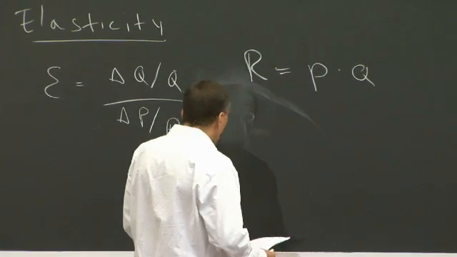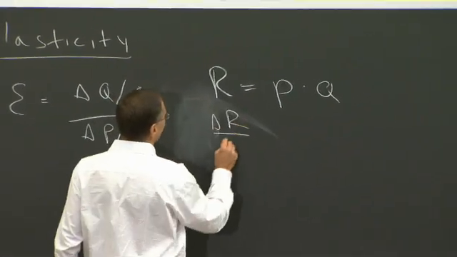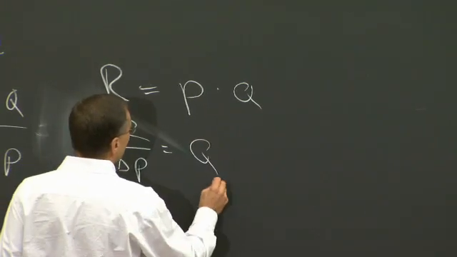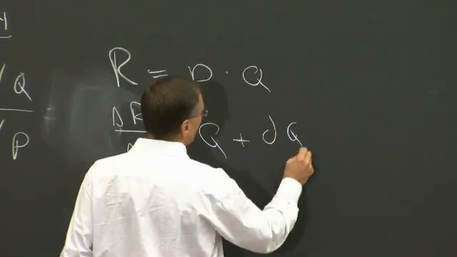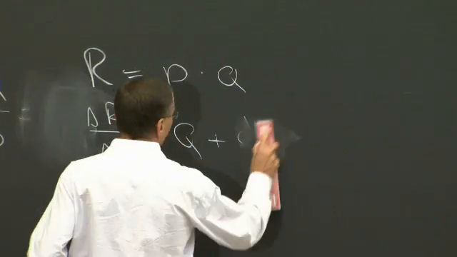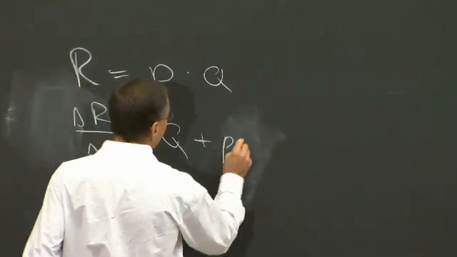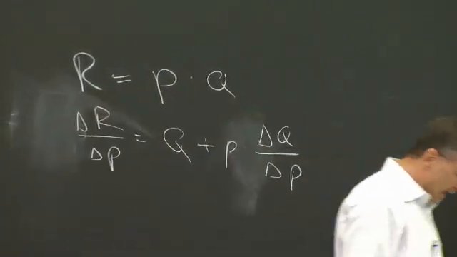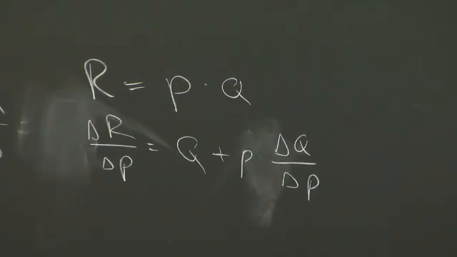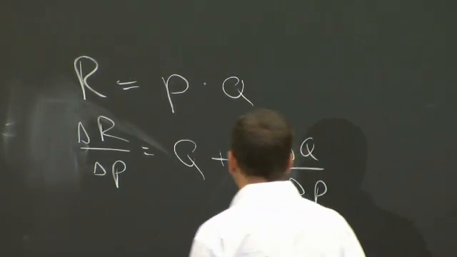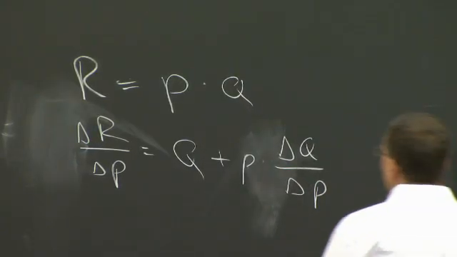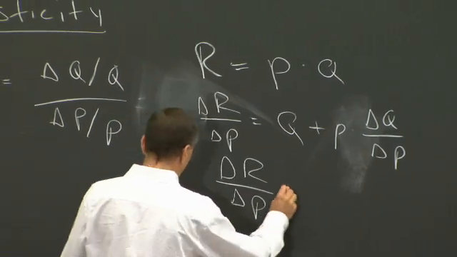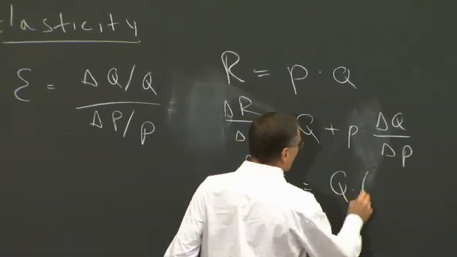Okay? Well, we can then say that the change in revenues with respect to price, okay, is what? It's Q plus delta Q. Let me put it this way to make my math clear. Plus P times delta Q over delta P. Okay? That's how revenues change with respect to price. Or in other words, plugging in from the elasticity formula, delta R over delta P equals Q times (1 plus epsilon).